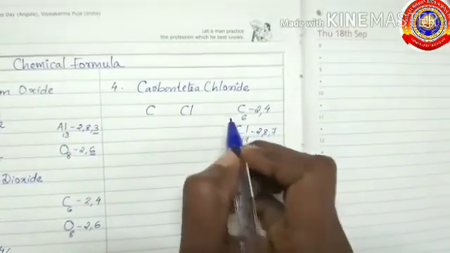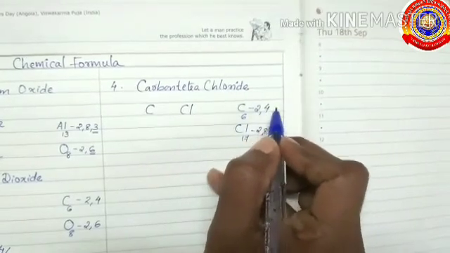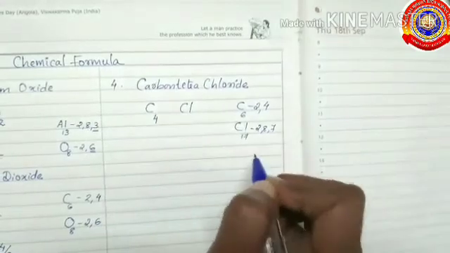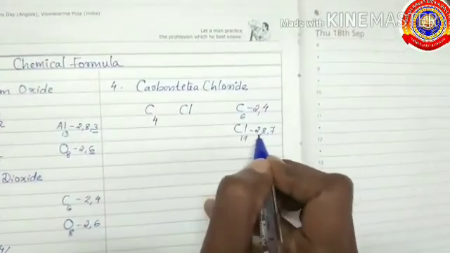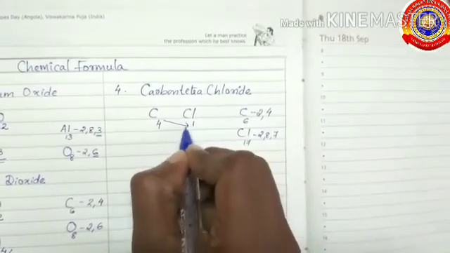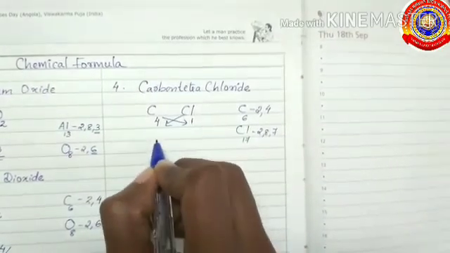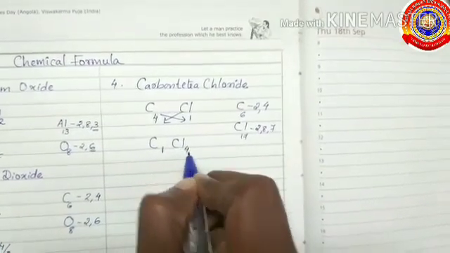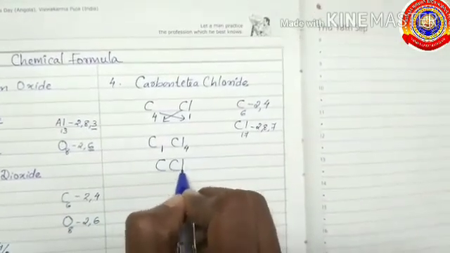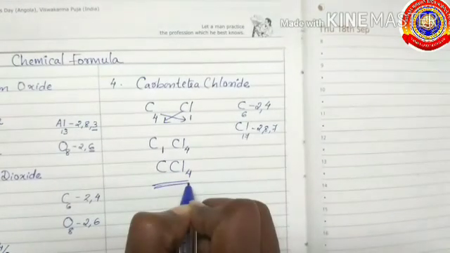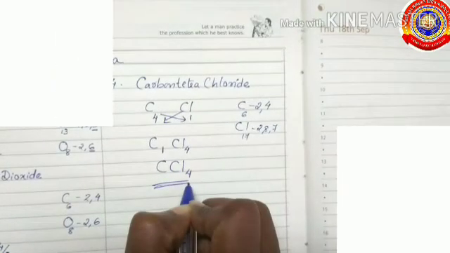So carbon is considered electropositive in nature and chlorine receives 1 electron from carbon and becomes electronegative. So carbon is written first with a valency of 4 and chlorine adjacent to carbon with a valency of 1. Second step, interchange their valency, so you will get C1 and Cl4. So we can write the chemical formula as CCl4. Doesn't it seem to be an easy task?